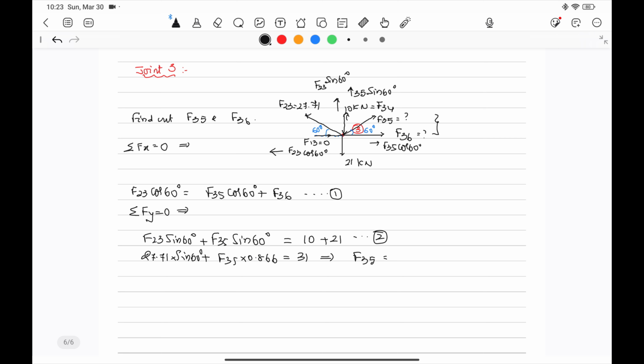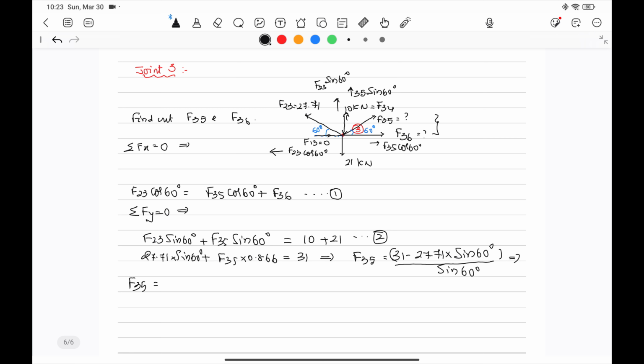Then F35 is equal to 31 minus 27.71 into sine 60, whole divided by sine 60.